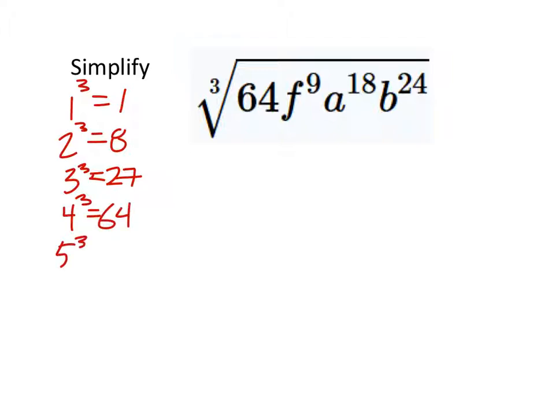And just for the heck of it, 5 cubed is 125. Now the only reason I show this is because the more familiar we get with these and the better we can memorize them, the more likely we are to see that 64 is a perfect cube, okay?